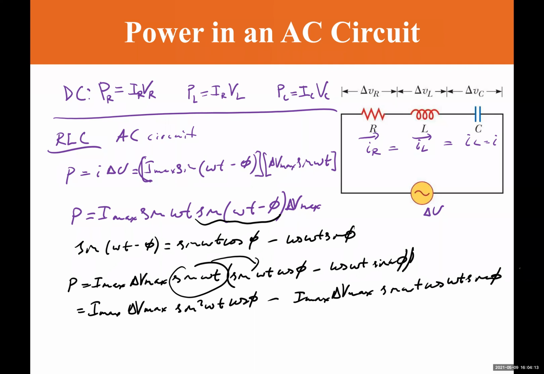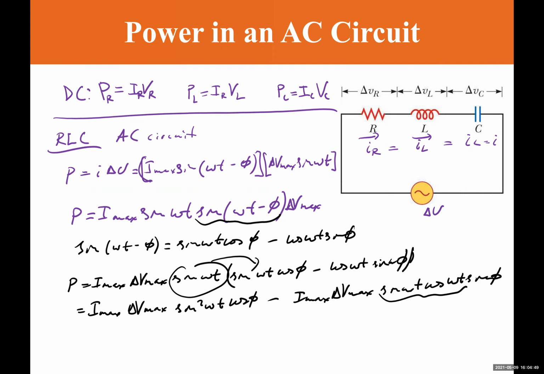So the time average of the first term on the right of the equal sign involves the average value of sine squared omega t, which is one half. The time average of the second term on the right side of the equal sign is identically zero, because sine omega t cosine omega t combined is equal to one half sine 2 omega t, and the average value of sine 2 omega t is 0.